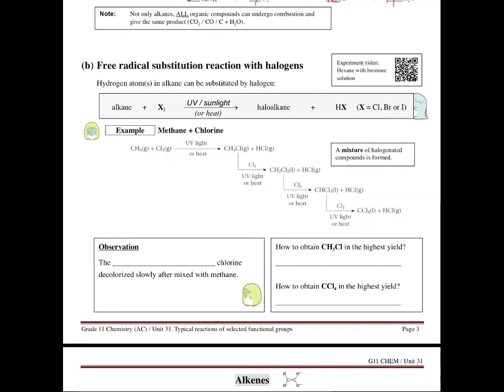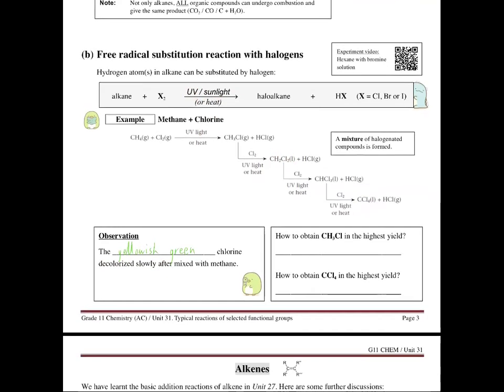Chlorine gas is a yellowish green gas. Because it is used to substitute the hydrogen in the methane, it will become colorless after the reaction. And remember, the condition is very important. You must state you need UV light or sunlight.